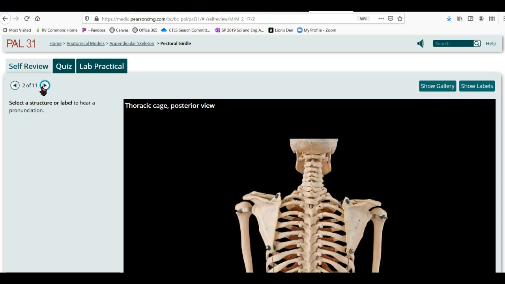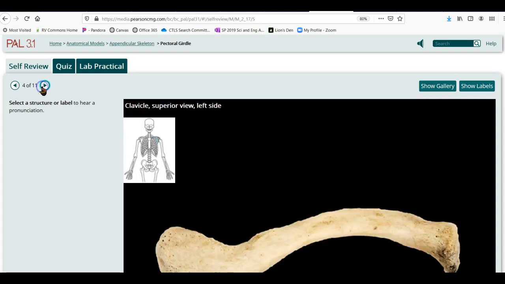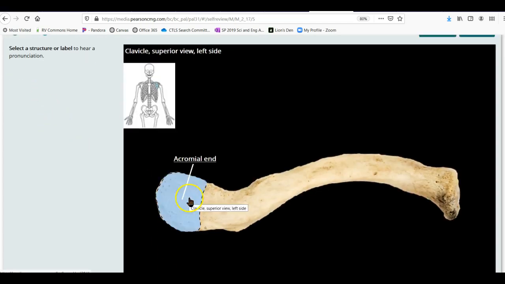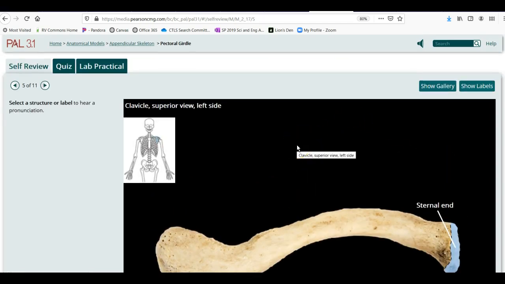So you can just work your way through all this and learn the different parts of your clavicle and your scapula, and then work through the whole skeleton this way if you want to. Again, you can quiz yourself, you can do practicals.